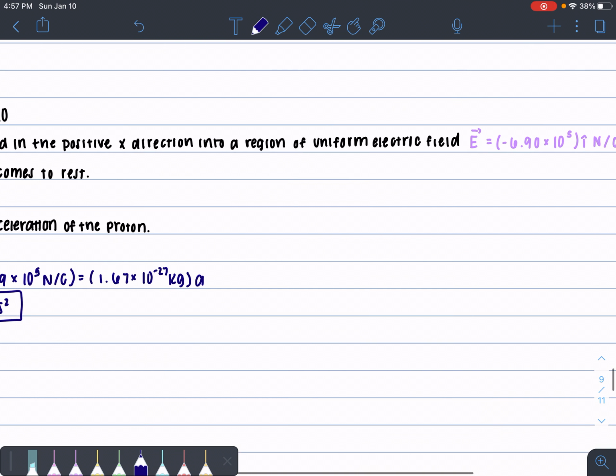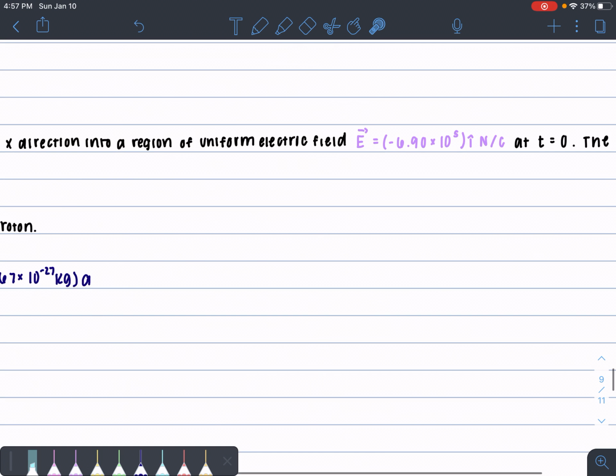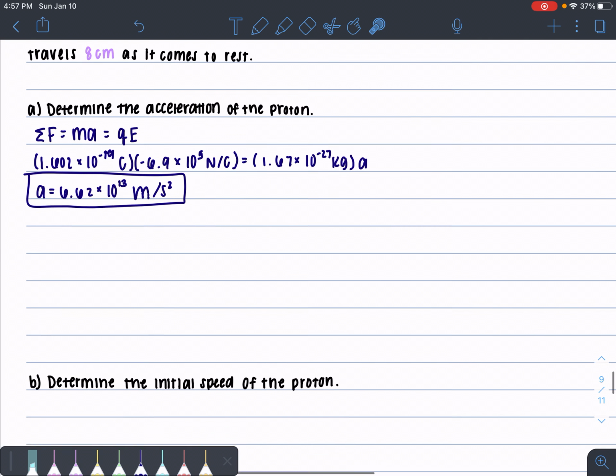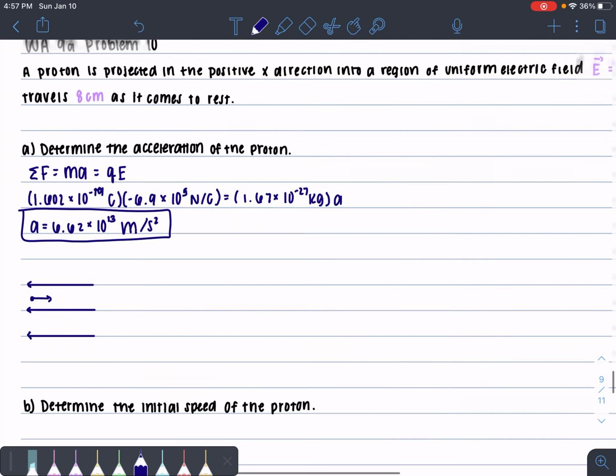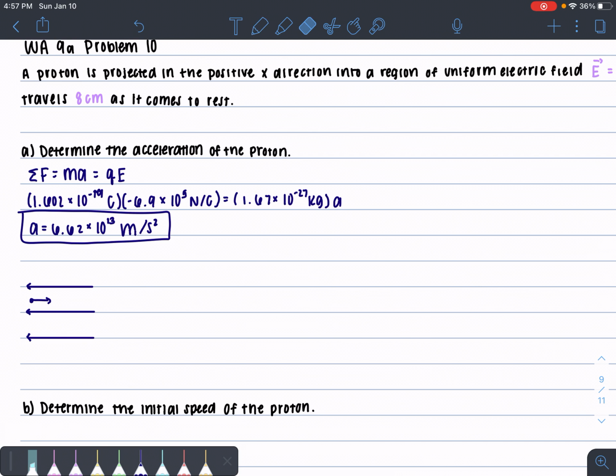So we see here that the electric field, it's negative. So I drew a picture to help me figure out the direction. So we have the electric field lines pointing in the negative x direction, and then we have our proton, which is being projected into the positive x direction.